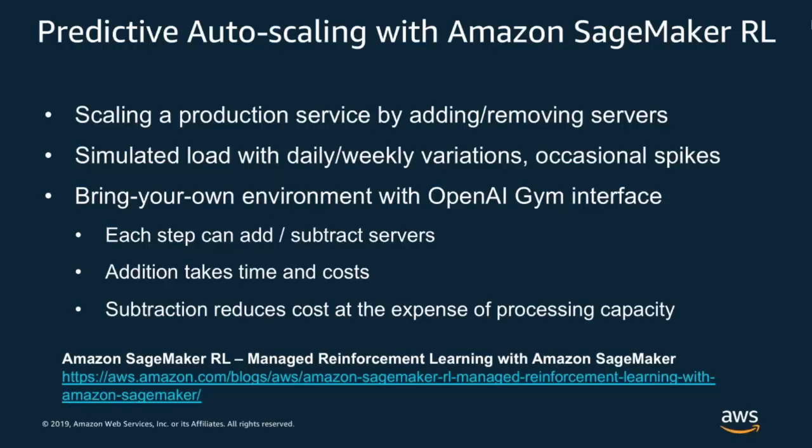At each step you can either add or subtract servers. Whenever you add servers, there is additional time that is needed for the addition and additional costs involved because you're using more machines. Subtraction reduces the cost, but it happens at the expense of the capacity that you can process. While I'm going through this example, more details about it are also published in an AWS blog, the link to which is in the slide.